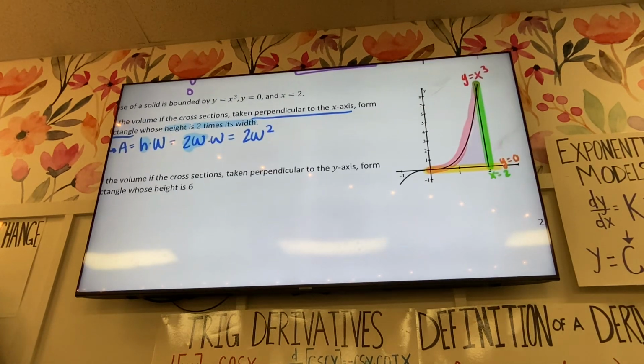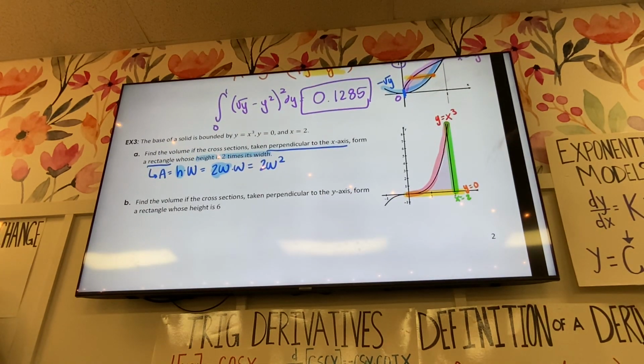All right, so now I got my one variable. Now I'm going to come back over here to my graph. I know I'm perpendicular to the x-axis, so it needs to go vertical. All right, so what are my bounds going to be? From negative, or was that 0? 0 to 2, x bounds, because everything's in terms of x. 2 parentheses, what is the w going to be?